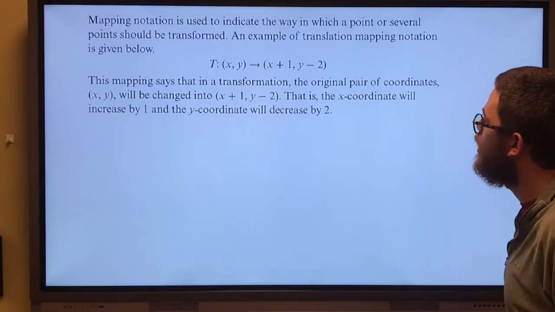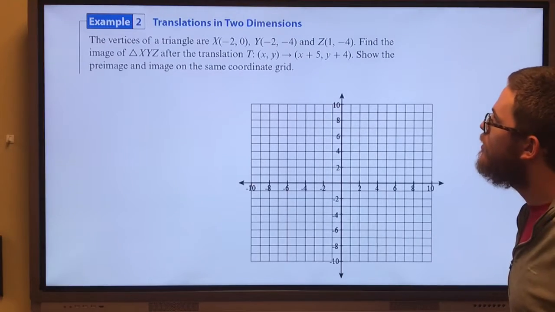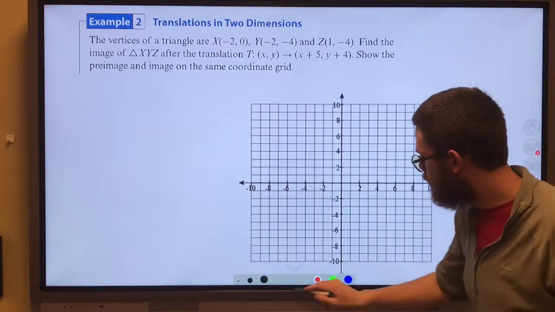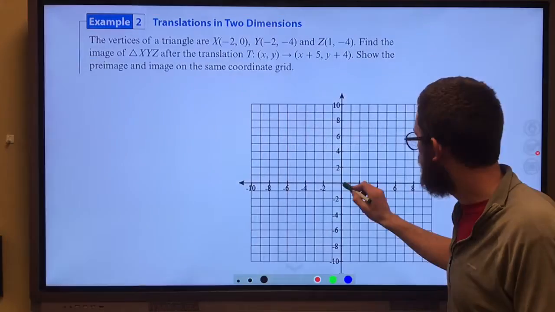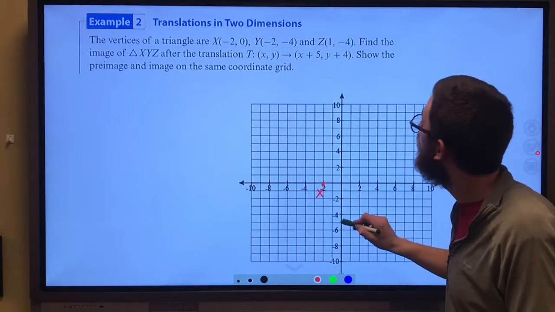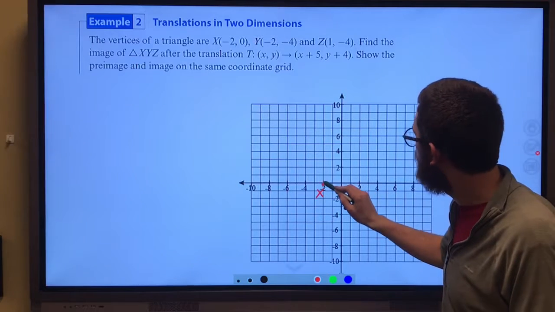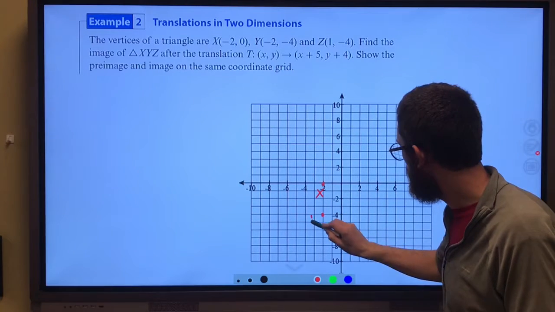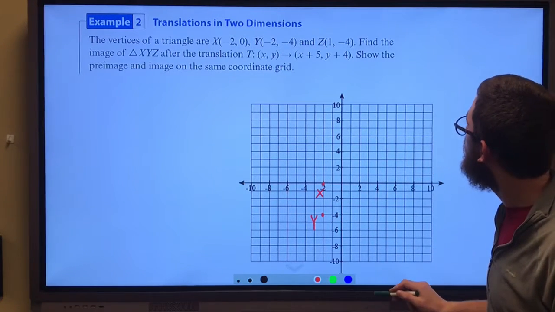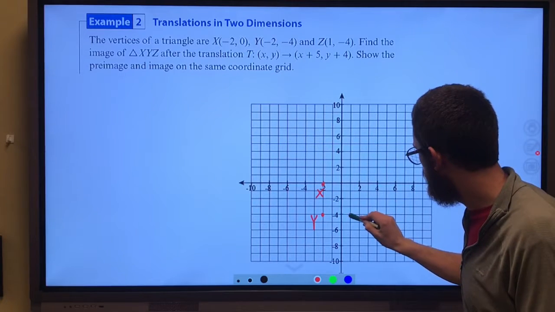That is mapping notation. Here it says the vertices of this triangle: x at -2, 0, y at -2, -4, and z at 1, -4.